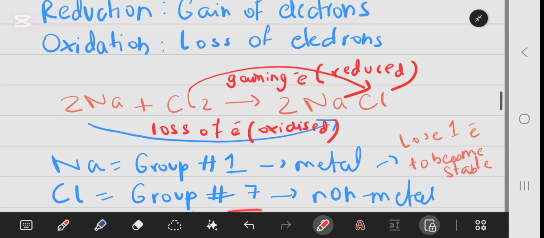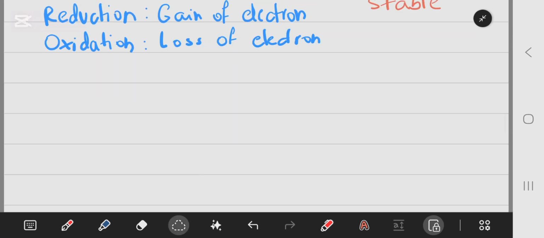That's why, to make an ionic bond such as NaCl, we can say that the sodium has lost the electron, so it is oxidized, and the chlorine has gained the electron, so it is reduced, right?